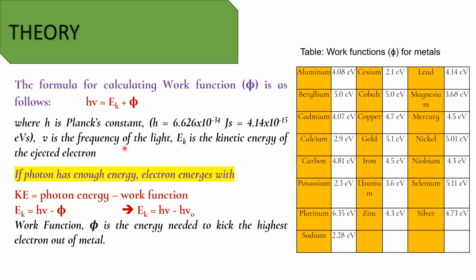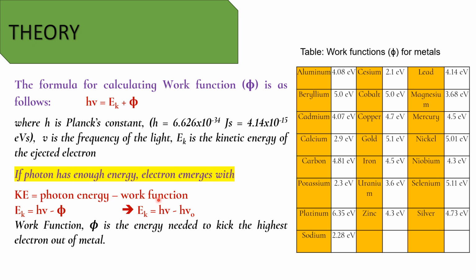V is the frequency of the incident light, and E subscript K is the kinetic energy of the ejected electron. Now, if the photon has enough energy, the electron emerges with the kinetic energy Ek, which is equal to the photon energy minus the work function.